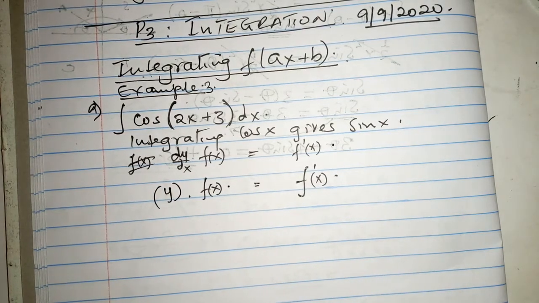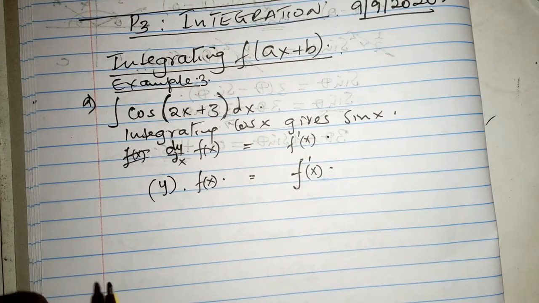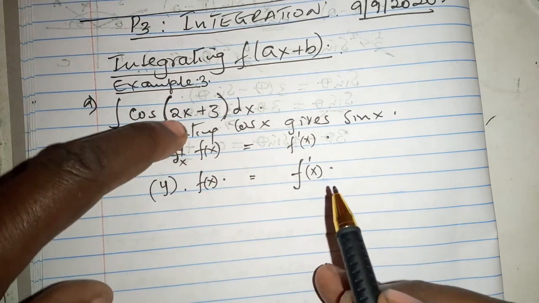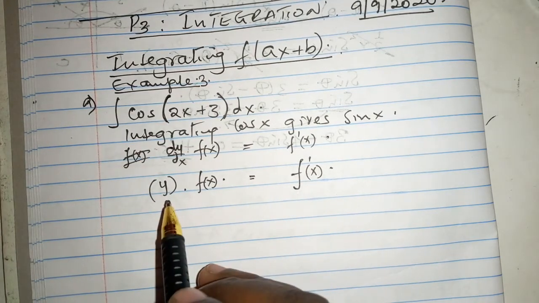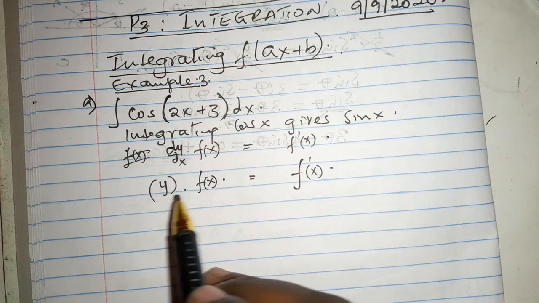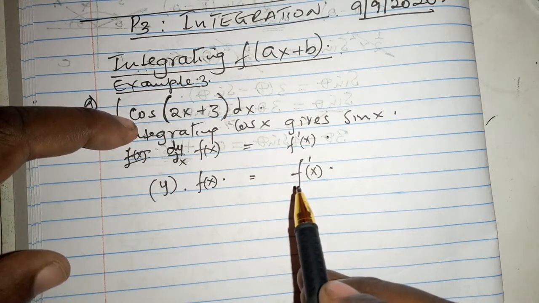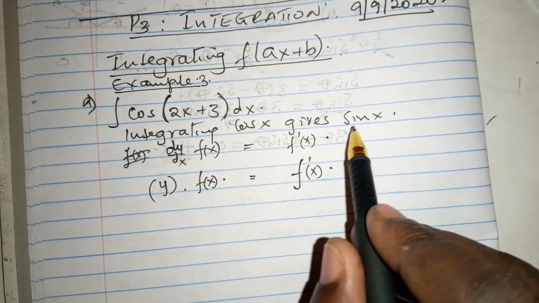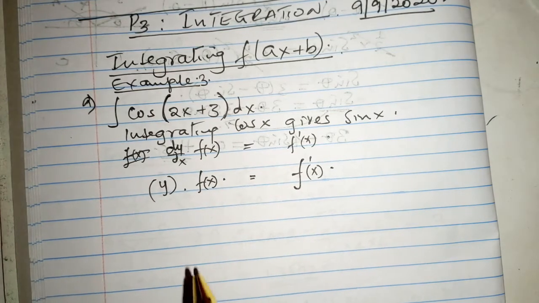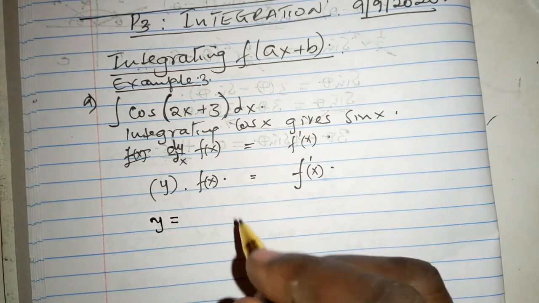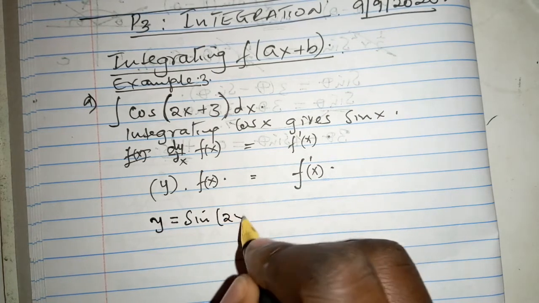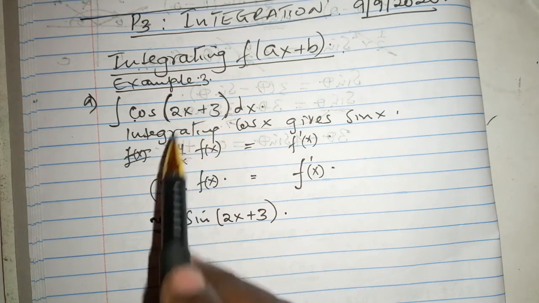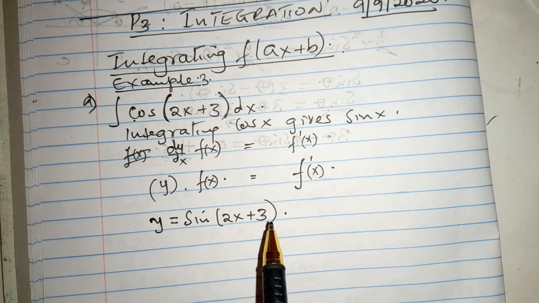It is important to note that. So we are integrating a differential to get back to the function. Since the integral of cos x is sin x, we can already tell the function was supposed to be sine 2x plus 3, because the integral of the cosine of anything is the sine of that same thing.